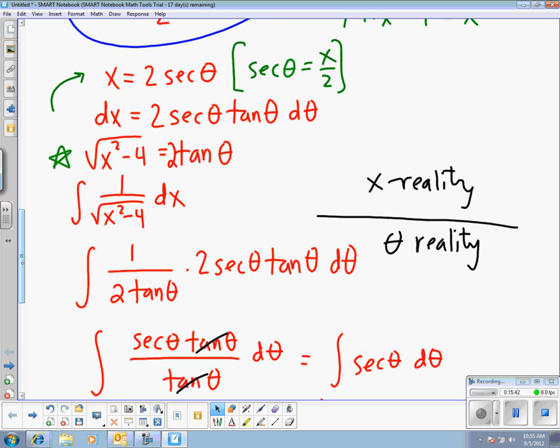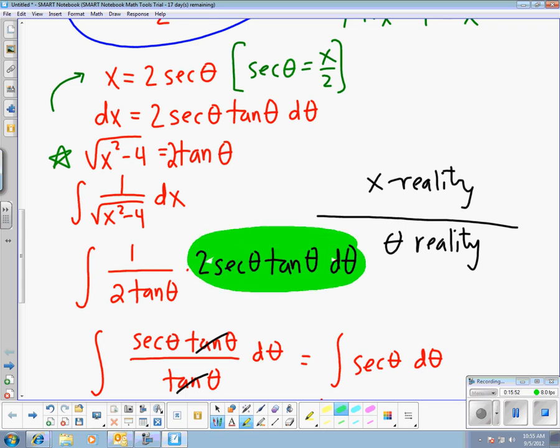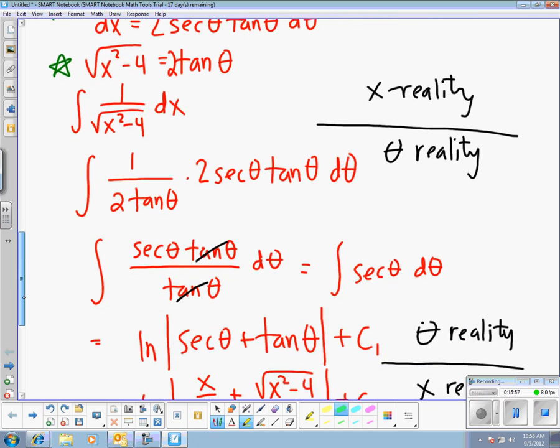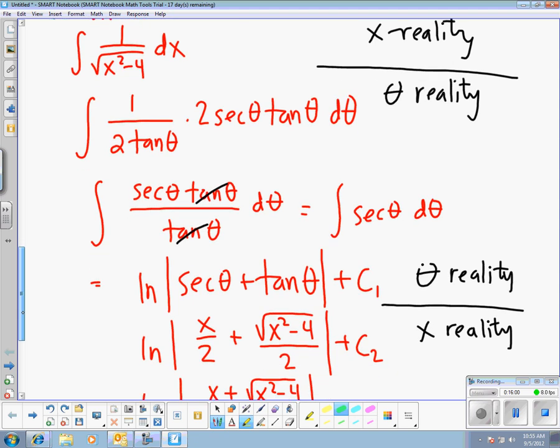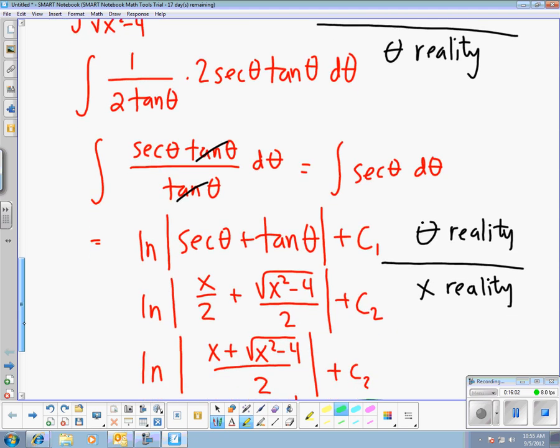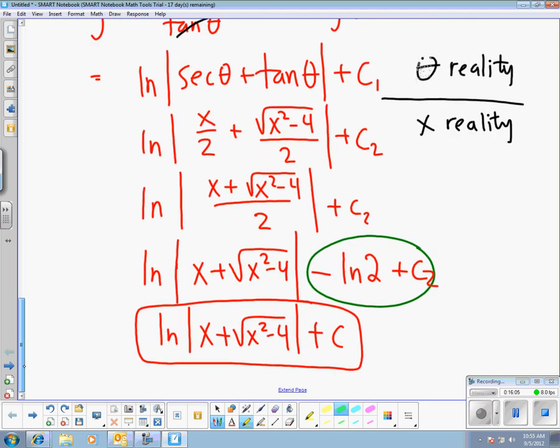Dx usually is kind of forgotten in regular integrals, but in this particular setup, dx becomes a big part of your question. So don't forget your dx, and then just integrate the trig that you get. Sometimes that's easier than other times. Once you integrate the trig, go back into x world and then clean it up if you can.